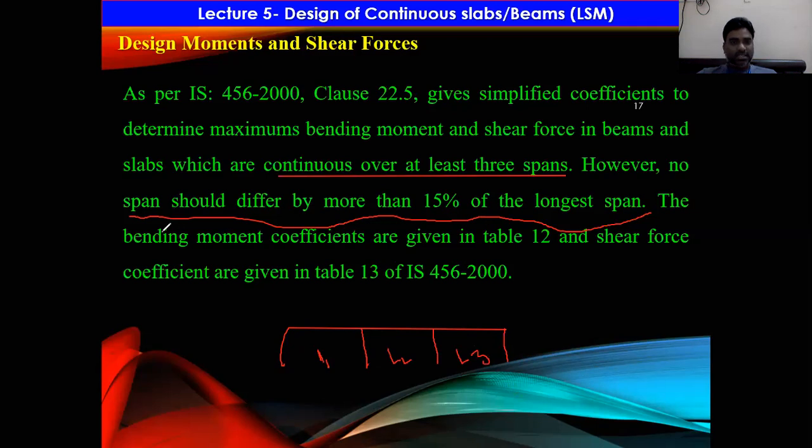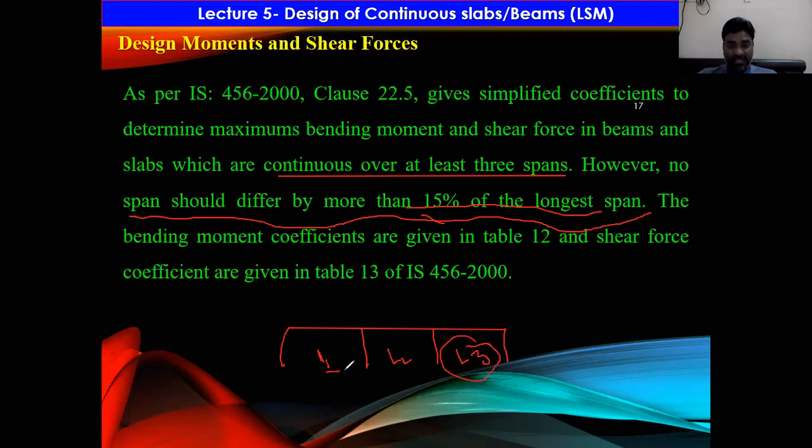So what is the condition? No span should differ by more than 15% of the longest span. That means the difference between these two spans should not be greater than 15% of the longest span. As compared to these three, the longest one is L3, right?